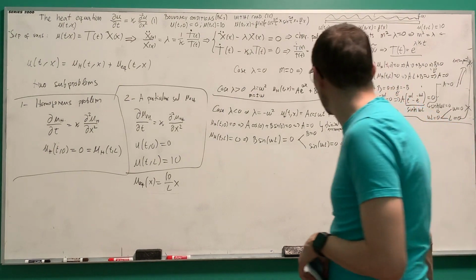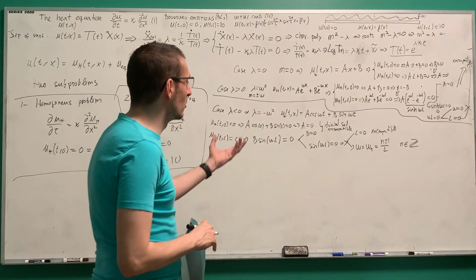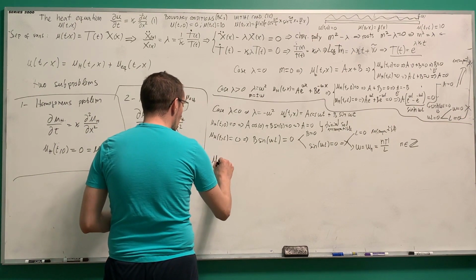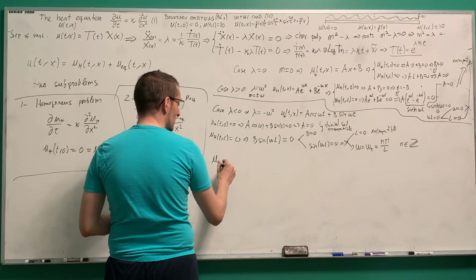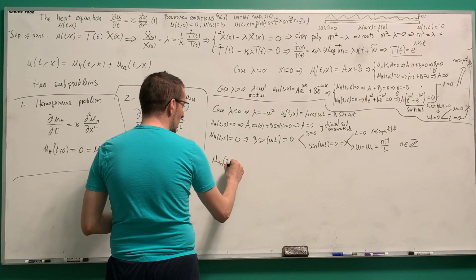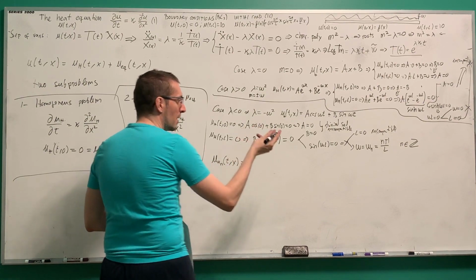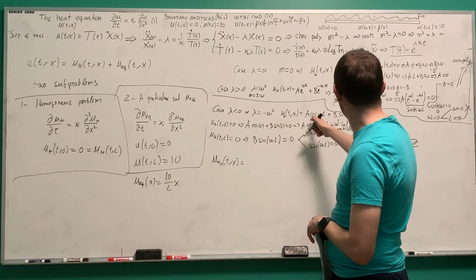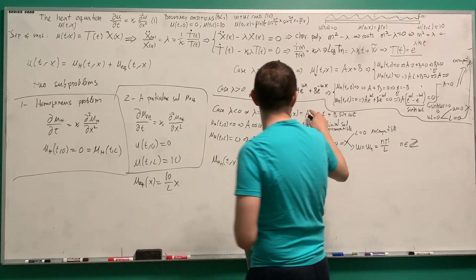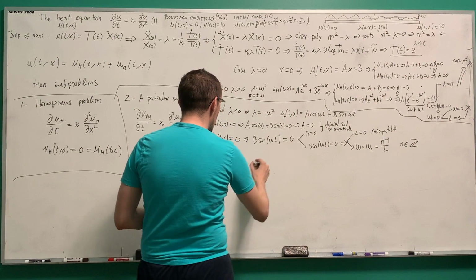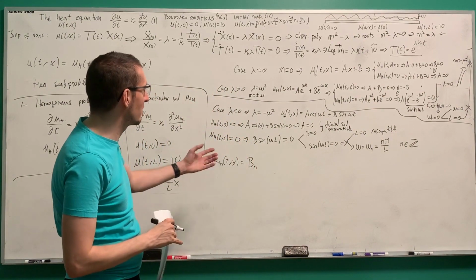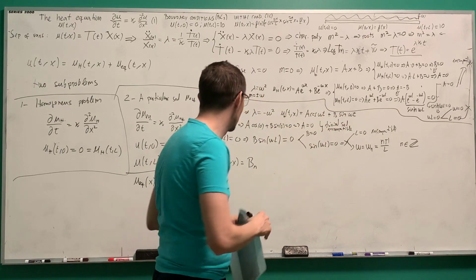All right, wonderful. So that gives me an infinite number of solutions. Let's write the infinite number of solutions. U homogeneous n of T x, because there's an infinite number of them. The x part here is a sum of a cosine and a sine, but not a cosine because A is 0, so just a sine. B, but I have to call it Bn because it's a different constant per solution, because I found many solutions with different omegas.